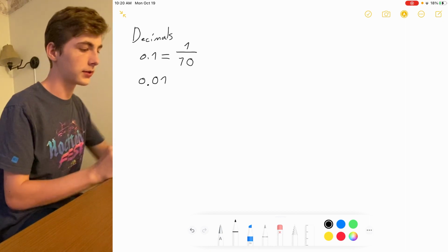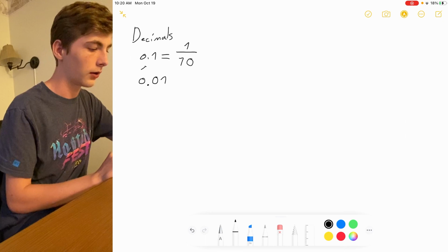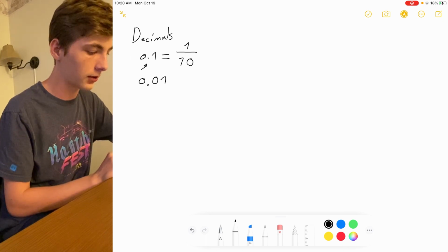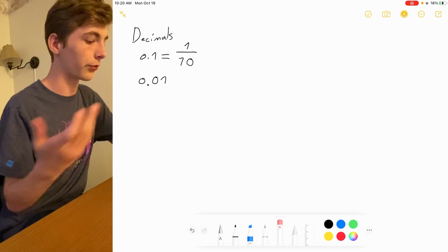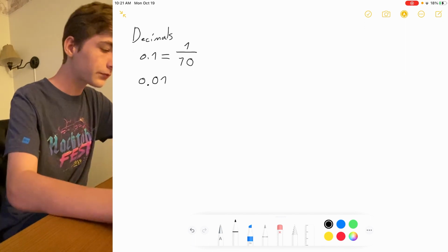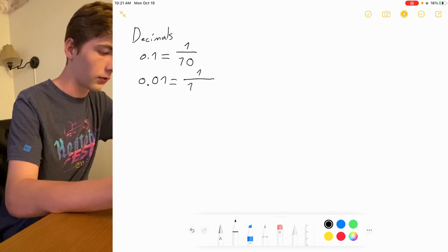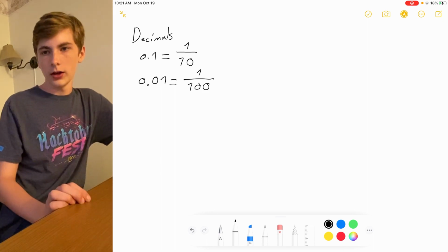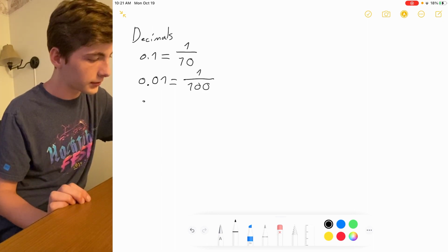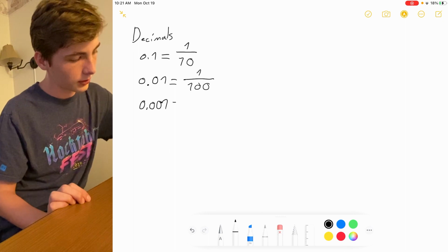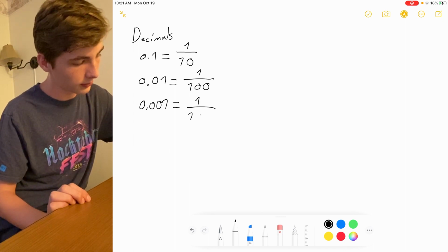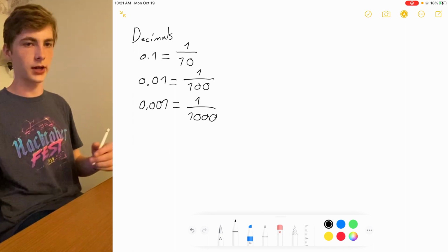We have this decimal point here, and so when we say it, we say 0.1, 0.01, etc. Anyhow, 0.01 is equal to 1 over 100, right? You can keep going. I mean, 0.001, 1 over 1,000. You can see that we're going up in powers of 10, right?